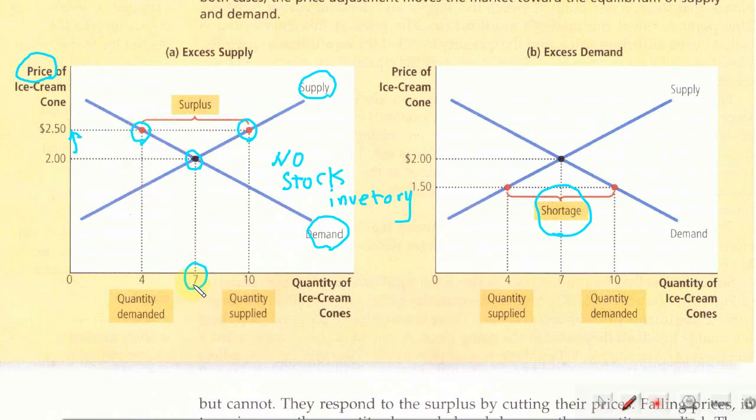From equilibrium, as the price increased, maybe by the supplier, the supplier wants to increase the quantity because he can make more money. Then 3 more.